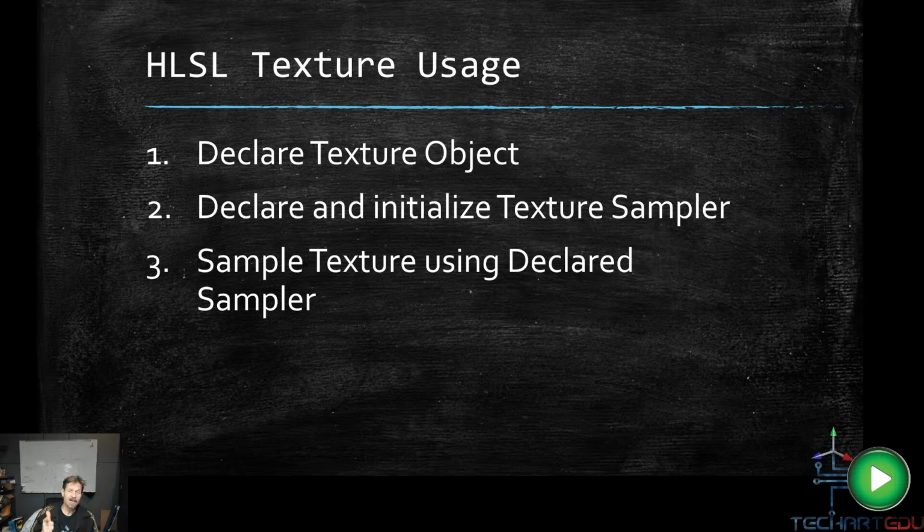Then you've got to declare and initialize something called a texture sampler. A texture sampler tells you how to sample in your textures, because there's a bunch of different ways of sampling in your texture, and we'll go into that a little bit later. And then the third step is you've got to sample your texture from your texture object using the declared sampler. Those are the 3 things that you've got to look out for.